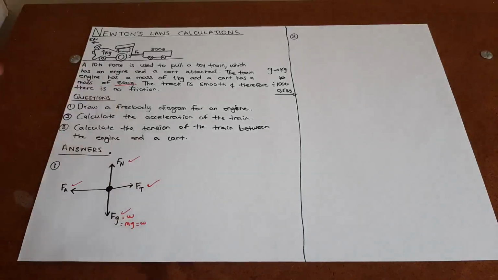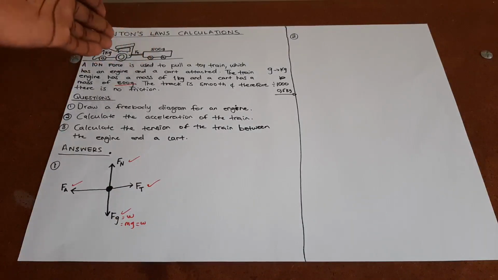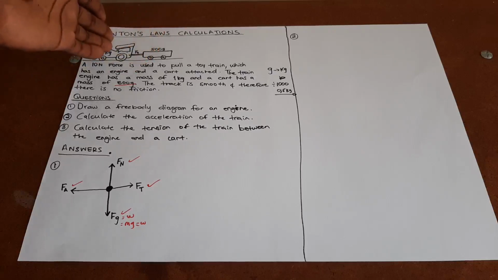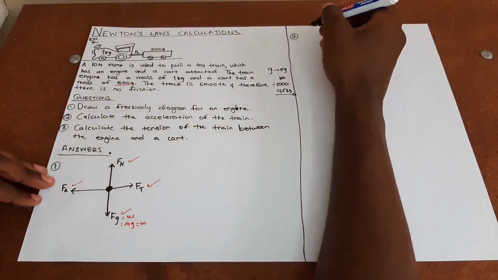So we are going to form 2 equations here, for the train: one for the engine and one for the cart. So let's start with the engine.